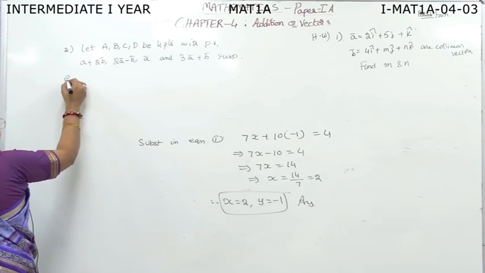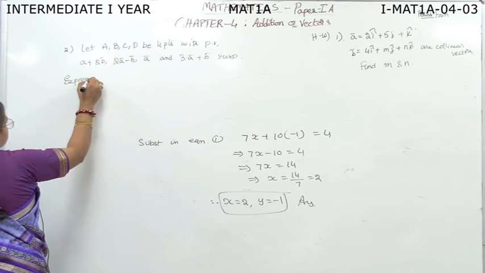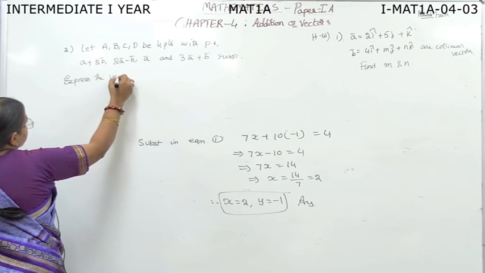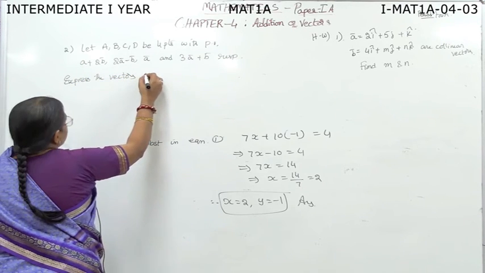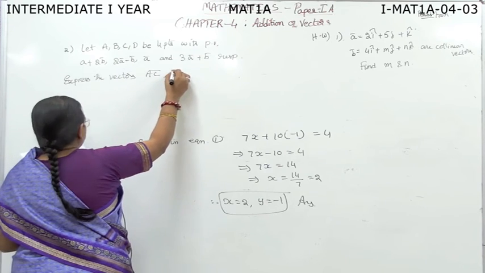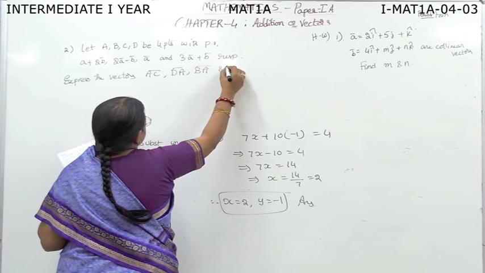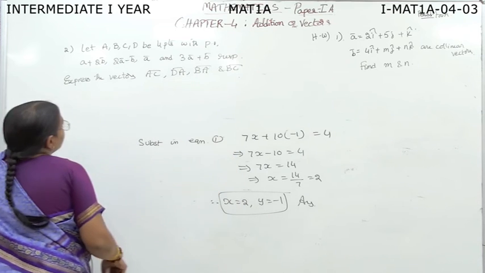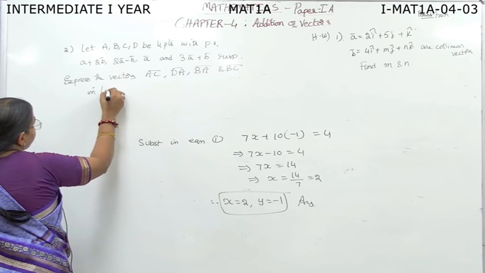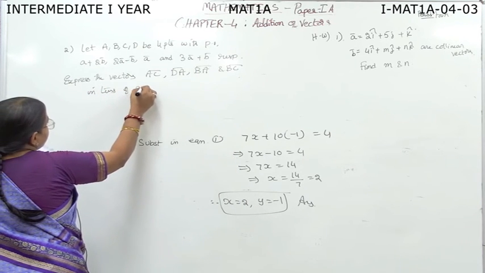Now express the vectors AC, DA, BA and BC in terms of A and B.